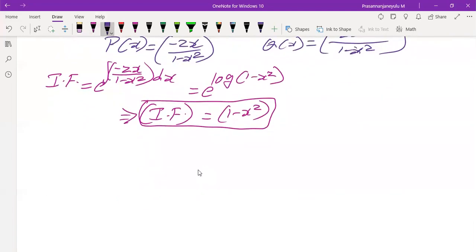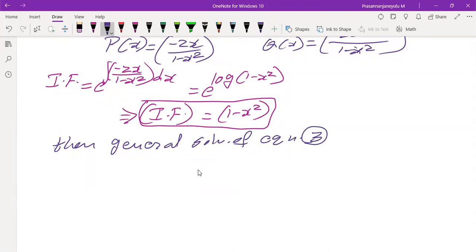So now, the general solution of equation 3. Equation 3 is a linear differential equation in z.